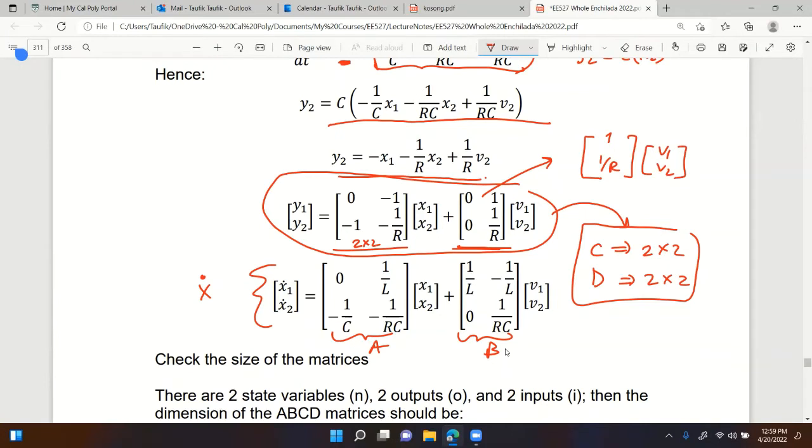Even though there are zeros, you still have to include those. And you can clearly see once you check that matrix D should be 2 by 2, and oh, that's 2 by 1. That's not right. So what am I missing? Most likely the zeros. Okay. Any questions?